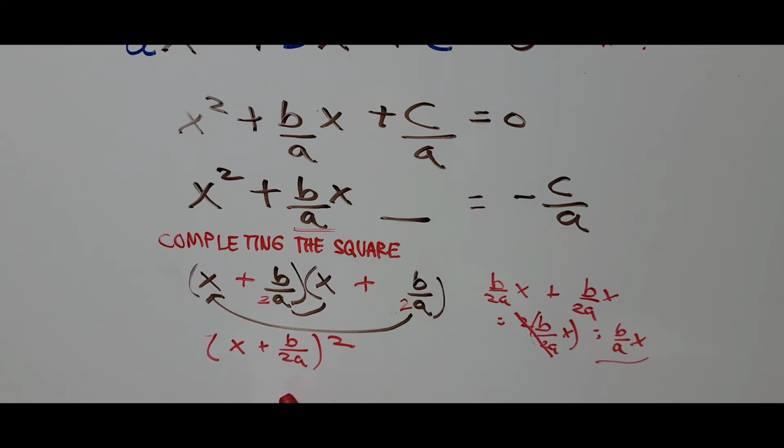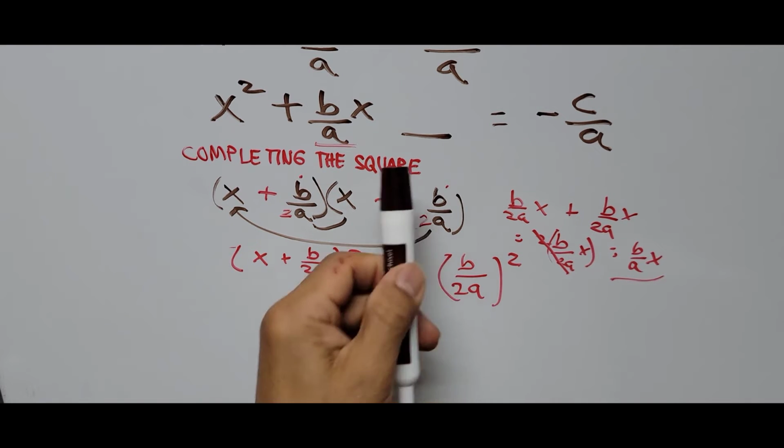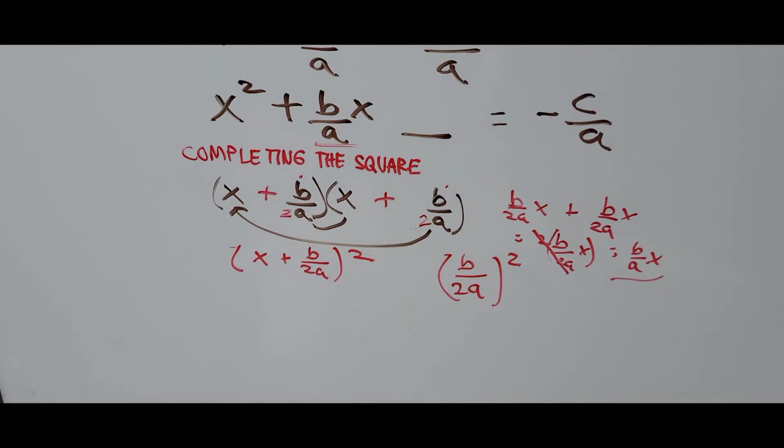That becomes x plus b over 2a squared. And then the outside term becomes b over 2a, which should be squared, right? So we verified the third term. That should be b over 2a squared. It's the same as multiplying b over 2a by itself twice. So let's go back to this and supply that to that.